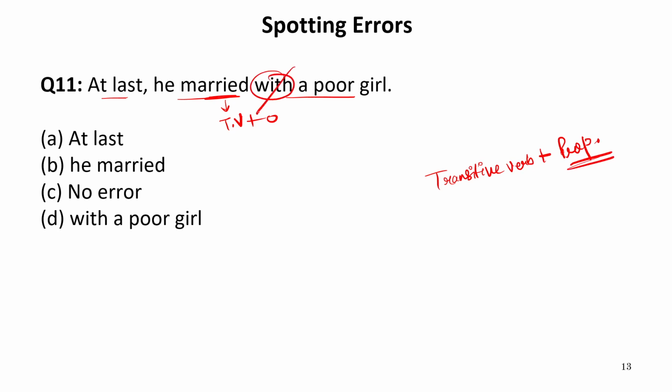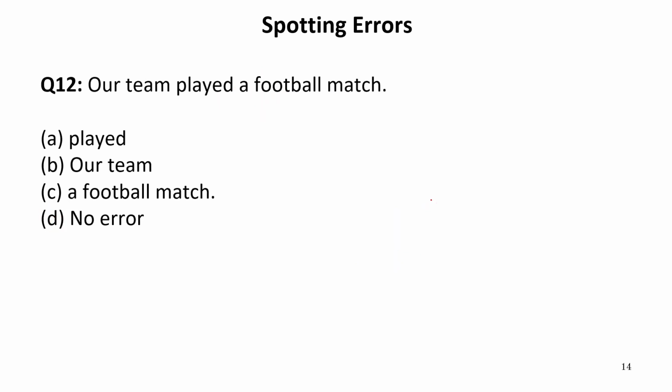So "married with" is incorrect. It should be "at last he married a poor girl." Then the sentence will be correct. Therefore, this "with" is written in part D, so our answer is D because this part contains the error. Now let us move to the next one.